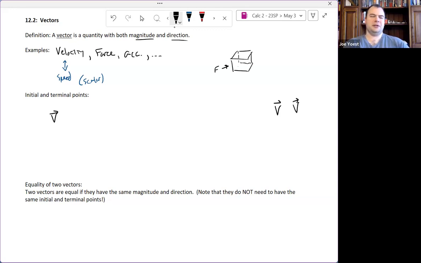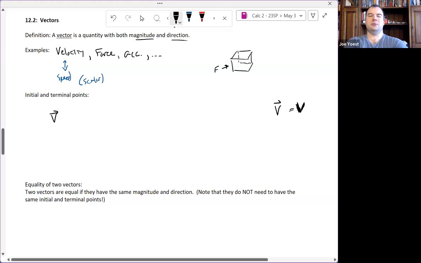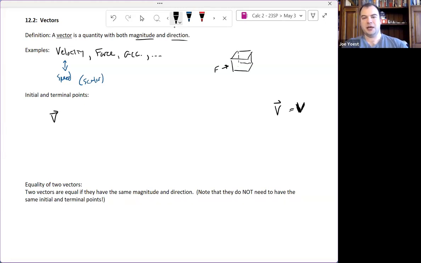And usually in books, you'll see a bold letter representing a vector and a non-bold letter representing a scalar, not a vector. But since it's hard to draw bold letters, we put this little arrow over it, and I usually just call it v bar. But vector v has an initial point and a terminal point.